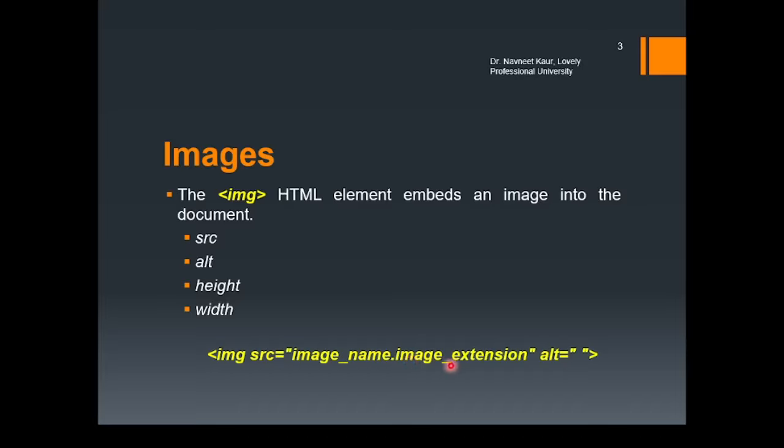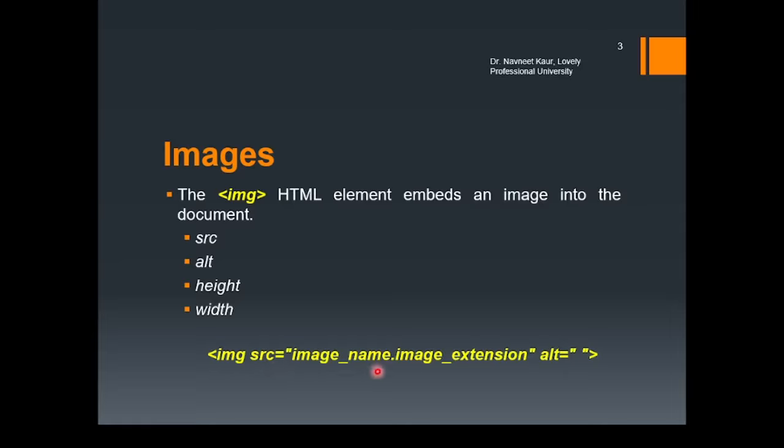So all these are the formats of the image. Then you have the alt attribute, inside which you can mention the alternative text. You can also notice that the img tag does not have any closing tag, indicating that this is not a paired tag but an unpaired tag.